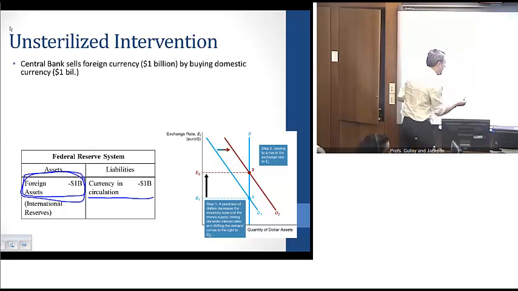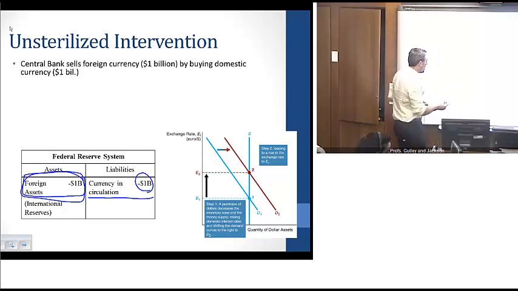And because the currency is being removed from circulation, it reduces the liabilities of the Fed by $1 billion. And so Accounting 101, as we've talked about in previous videos, suggests that the impacts on the asset and liability side should be balanced, and we have that here.